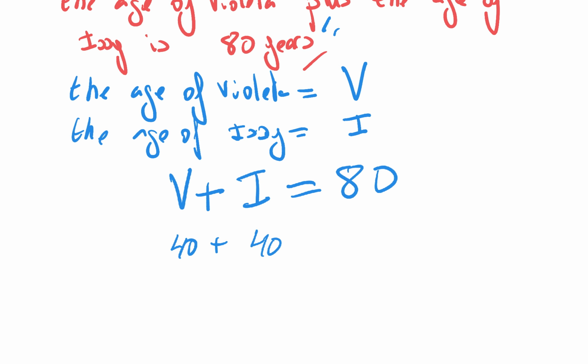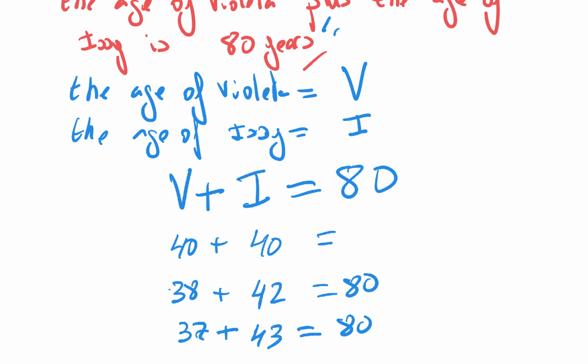But you may think also that Izzy is 42 and Violeta is 38. Or maybe 43 and 37. But the sum is always 80, but you don't know the individual age of Violeta or Izzy. You know that the sum is 80. So this is the equation.